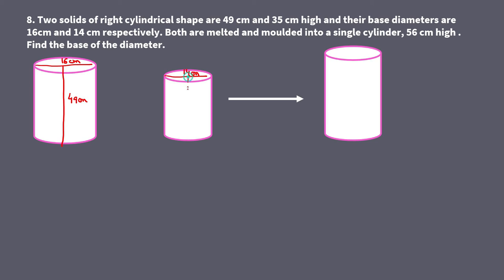Height of this cylinder is 35 centimeter, and these are melted into a cylinder having height equal to 56 centimeter. We have to find the radius, so the diameter of this cylinder. Let r centimeter be the radius.